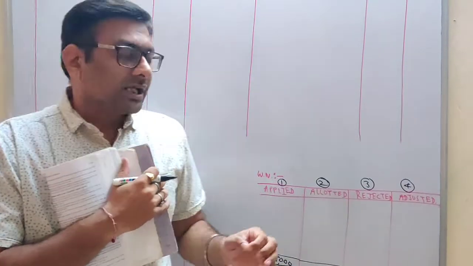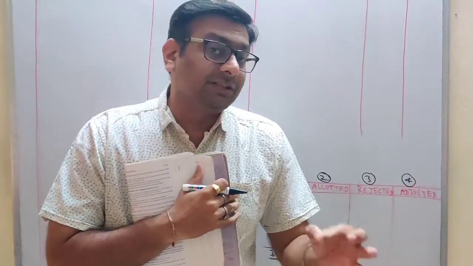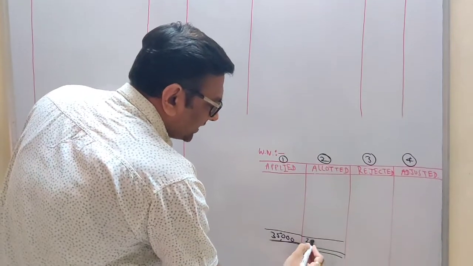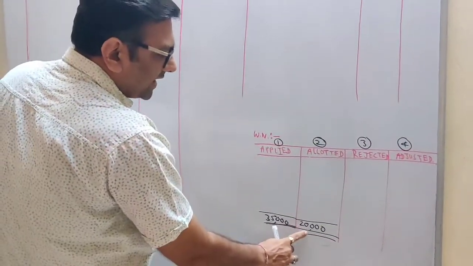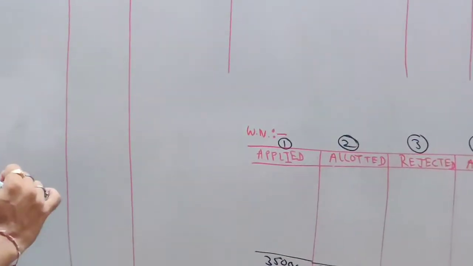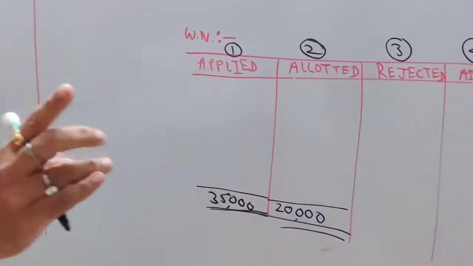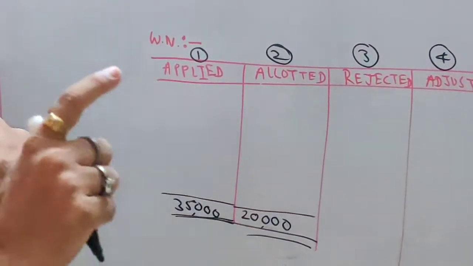So remember, students, your maximum allotment is always equal to the offer. So what is the offer? 20,000 shares. So this is your total allotted shares, because the company can't allot more than 20,000 shares. So this is always equal to the offer. Remember this rule. If you want, you can take down a note in your notebook about this.